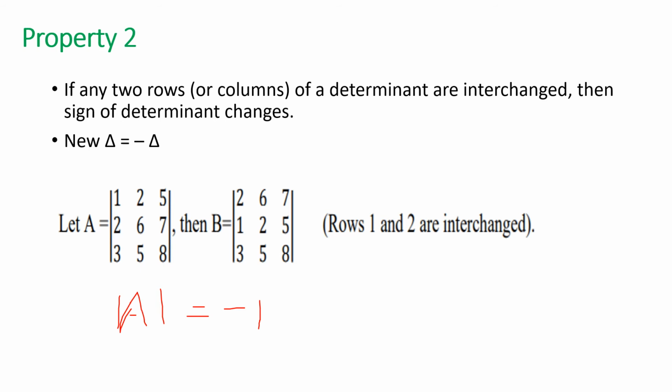It will be minus of determinant of B. The values will be same but with the negative sign. And if you are making this interchange one time, so it will be minus. Again, if you are making the interchanges even number of times, the value will become plus. So you can say that it depends on the number of interchanges.